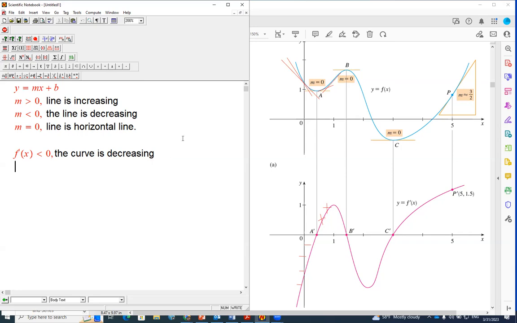So when the derivative is positive, the curve is increasing. Increasing means it goes up, so the slopes are positive.